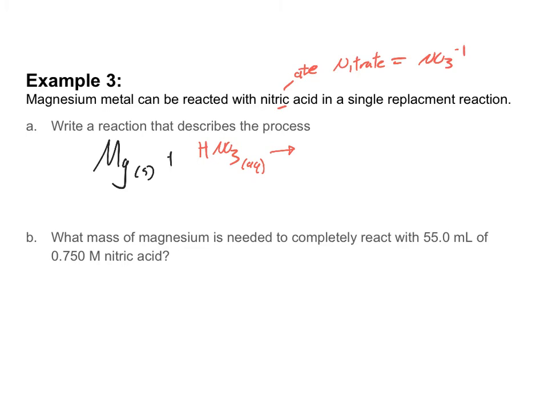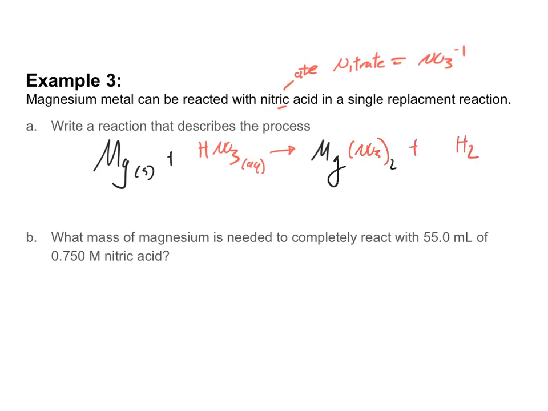And when this reacts, I'm going to make magnesium, some type of an ionic salt, and I'm going to make hydrogen gas. So in this case, I'm going to get Mg(NO3)2, and I'm going to get hydrogen gas.